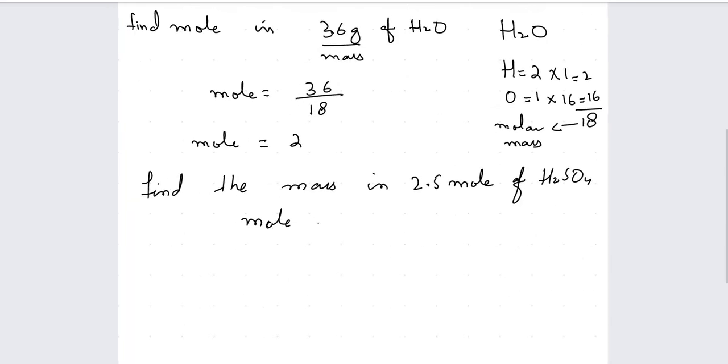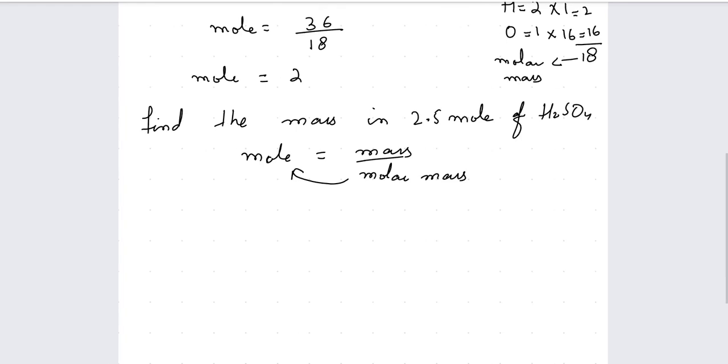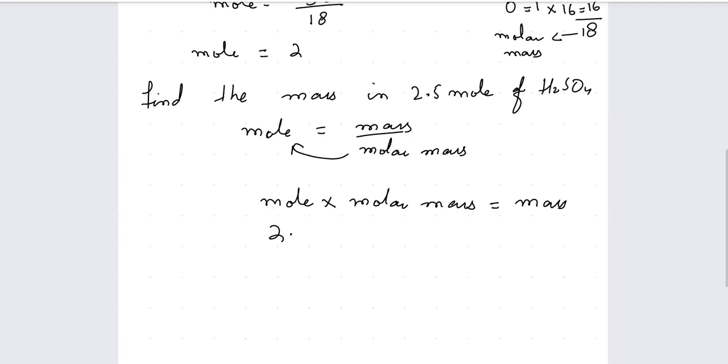Mole is equal to mass upon molar mass. The molar mass is in the division, so when it goes to the left side of the equal sign, it will be mole times molar mass is equal to mass. I have 2.5 moles here, and I have told you how to find the molar mass.